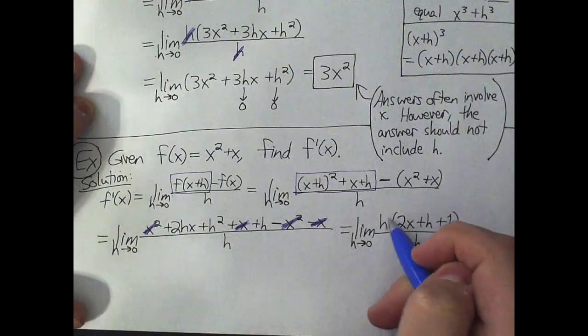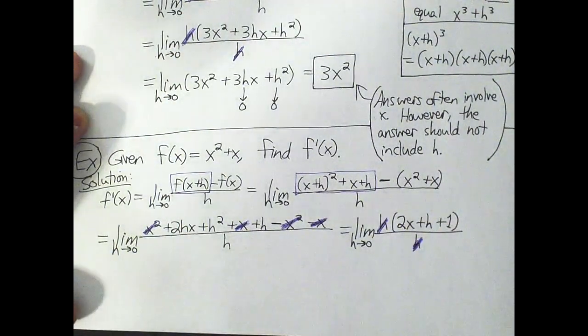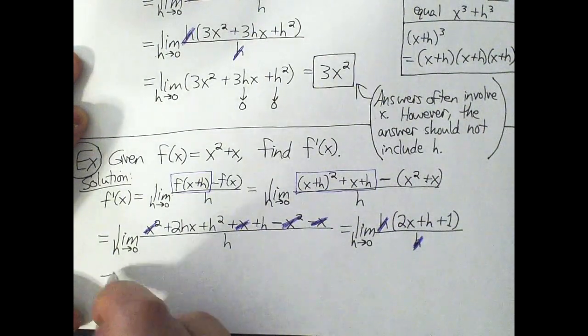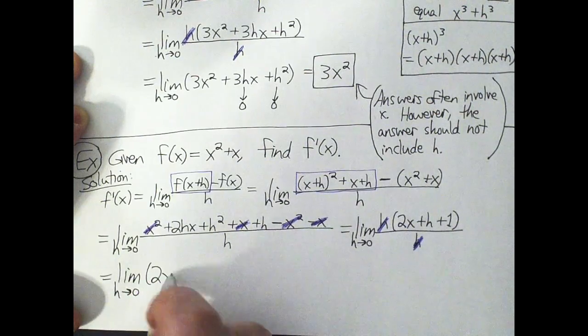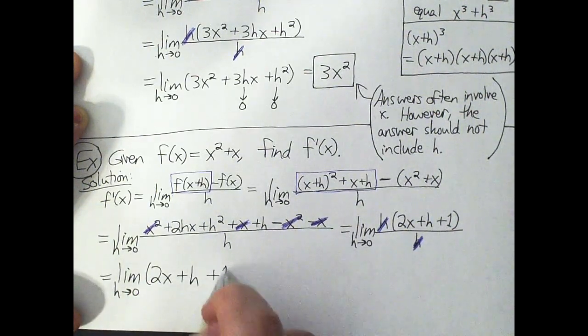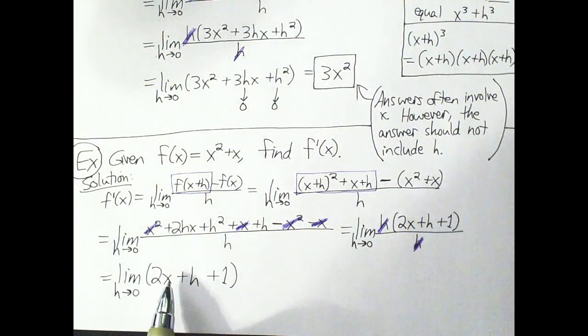We're just checking that, yes, these two things are equal to each other. If we're good with that, then let's go ahead and cancel h over h. That seems like that's been happening in all of the problems we've had. So we get to the limit as h goes to 0 of just 2x plus h plus 1. As h goes to 0, what happens to each piece of this? 2x is still just going to be 2x.